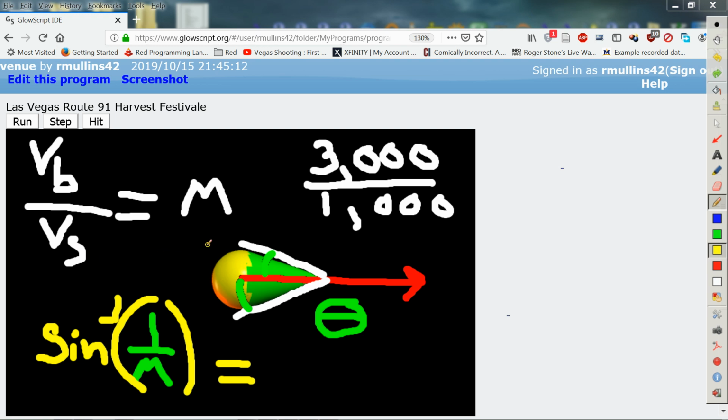Okay, now I don't have a calculator on me, but what that really says is that for a bullet traveling at 3,000 feet per second, speed of sound of 1,000, you have a Mach number of 3, and 1 over 3 is 0.333, and if you take the inverse sine of that, this is the angle there, so I don't know, somewhere like 23 degrees, I think, or maybe it's 30 degrees. Okay, and the Mach angle determines the slope of the cone. So that's all fine and dandy.